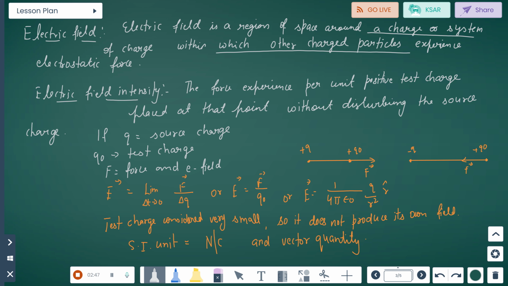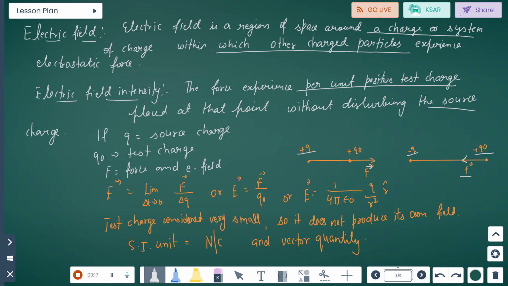Electric field intensity is the force experienced per unit positive test charge placed at that point without disturbing the source. Suppose putting positive charge, we have Q naught, force F. If we put negative charge, then the direction of the test charge is opposite to the force F.